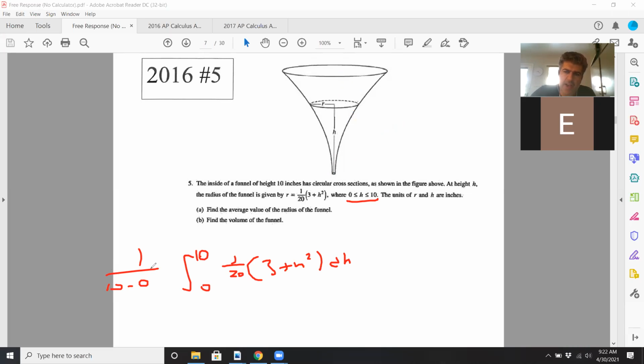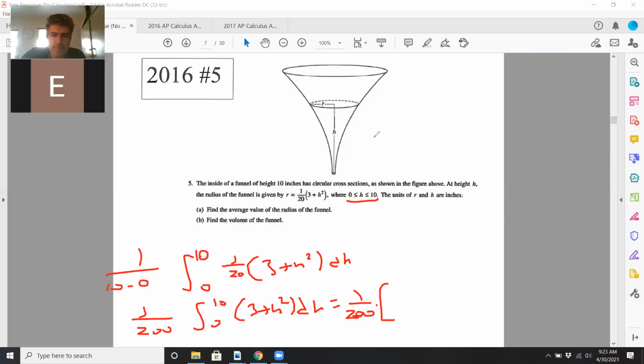I'd probably move the 1/20th off to the left, so make it 1 over 200. And then start doing my definite integral business, right? So 1/200th on the outside. Let me move this over here.